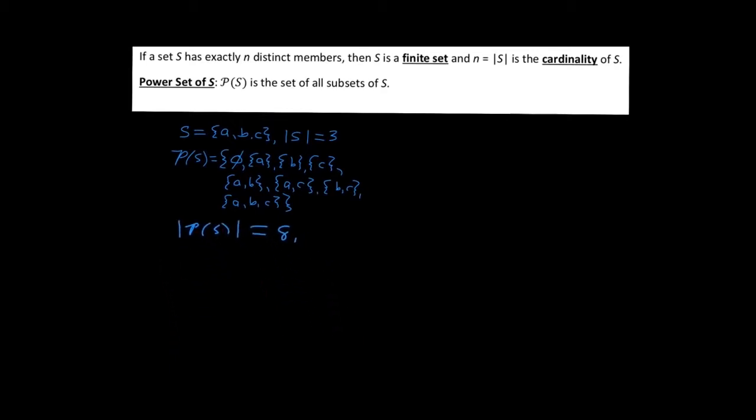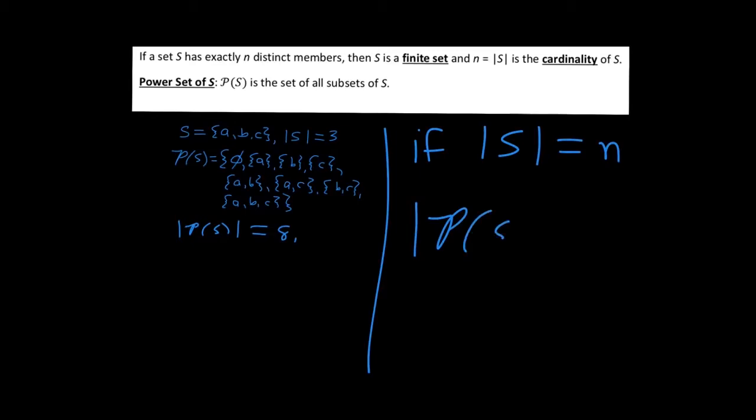It turns out that if a finite set S has cardinality n, then the cardinality of the power set of S is equal to 2 to the n. So the cardinality of the power set will always be 2 to the power of the cardinality of the set. And when we get to the chapter on mathematical induction, we'll get an idea of why that has to always be true.